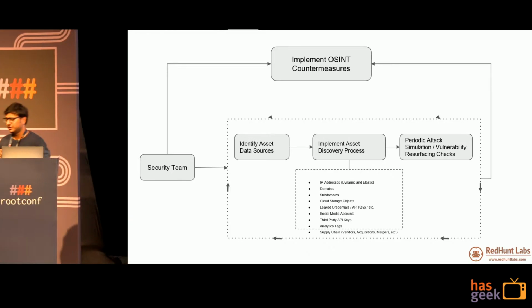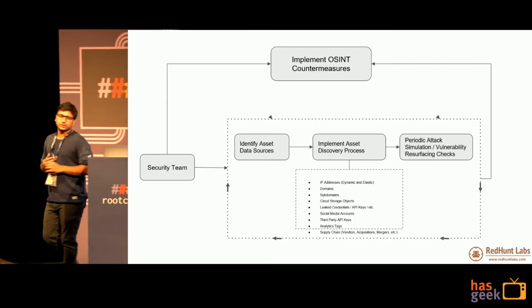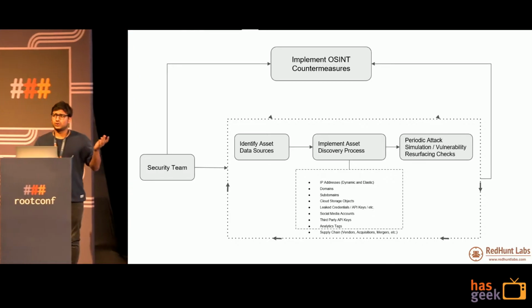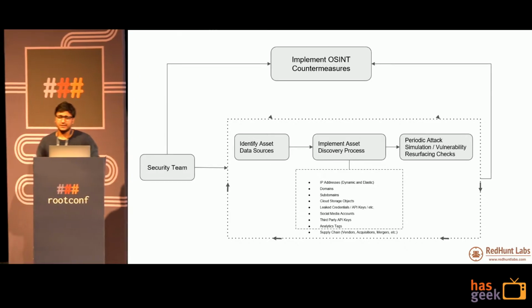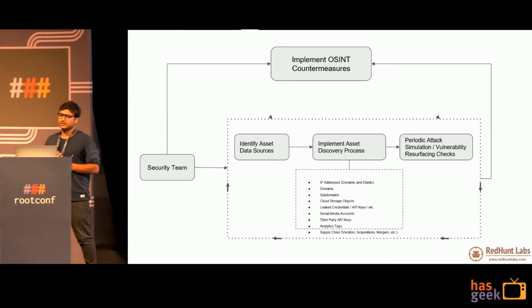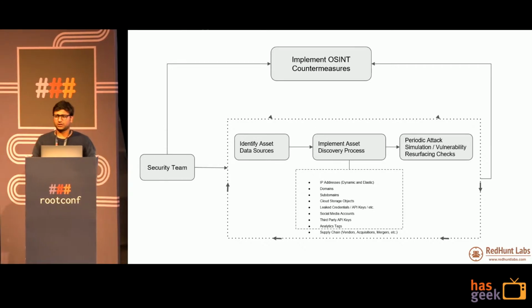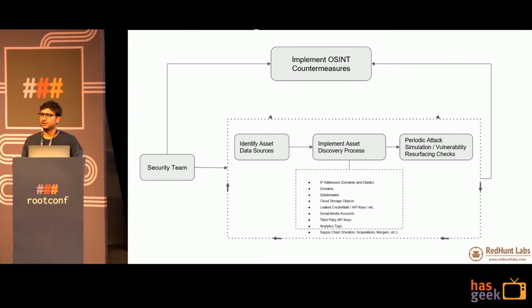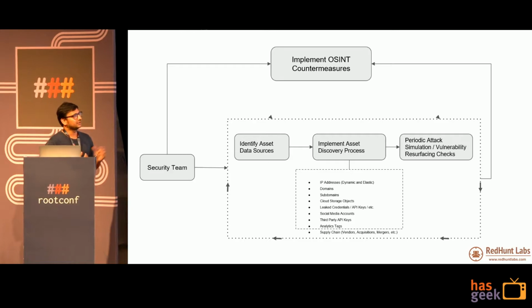And once you have this, the data should be passed back to OSINT countermeasures, because now you have more insight into what kind of issues your organization is actually facing around these things. So you should pass it back to the phase where you are implementing countermeasures. So this is the kind of process you can follow. Of course, not the exact process, not the Bible for this, but this is something we can use.